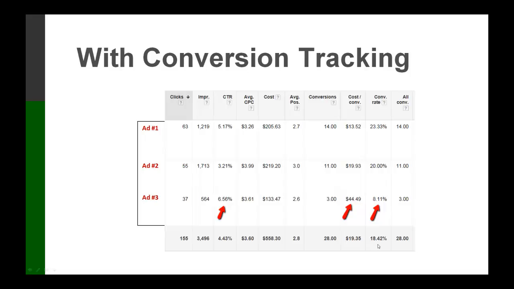And by the way, we really want it to be 15% and above. But you can still run profitable campaigns with a 10% conversion rate. But once more, look at ad number 3. It's costing us twice as much at $44 versus $19, twice as much as the other ads. And the conversion rate is lower, half the conversion rate.